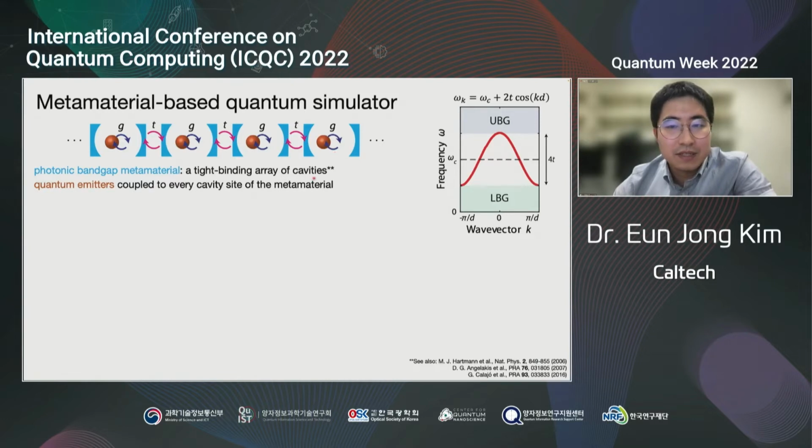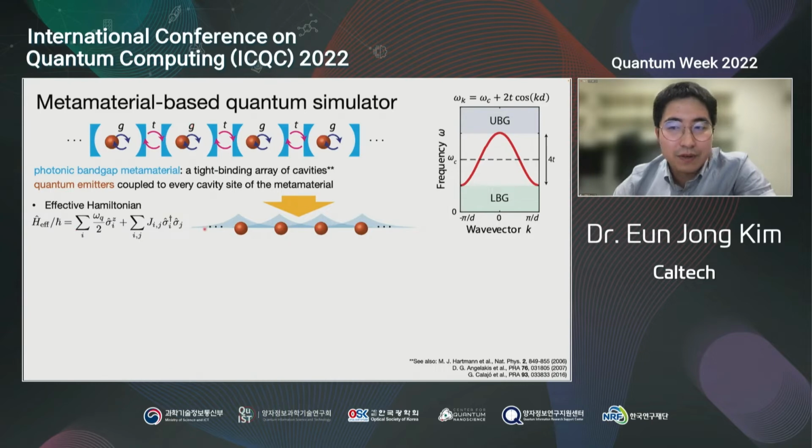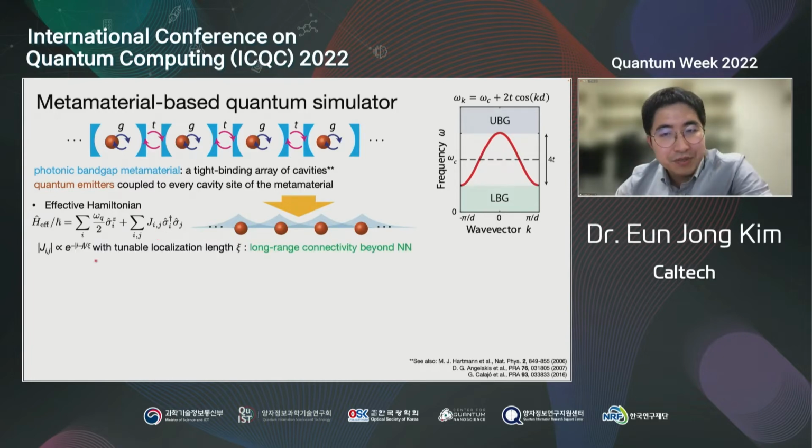And in this case, if we trace out the cavity degrees of freedom, we are left with an effective Hamiltonian in the qubit subspace, which describes the interaction between qubit-photon bound states at a rate given by J_ij. And it can be shown that J_ij decays exponentially with the distance between qubits at a length scale ξ, determined by the detuning from band-edge frequencies, which realizes long-range connectivity between qubits beyond nearest neighbor.